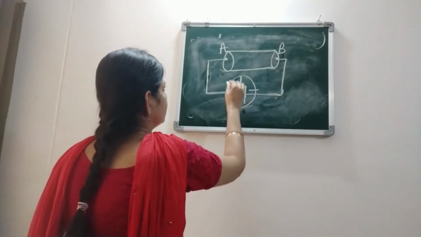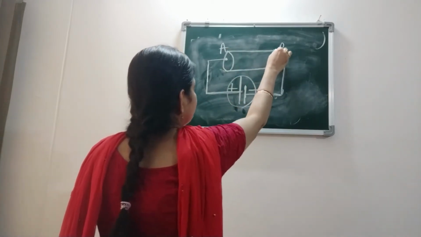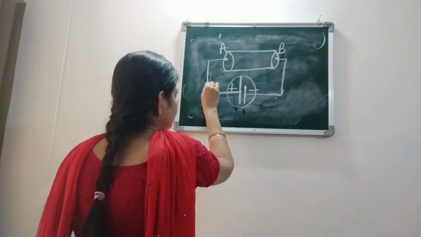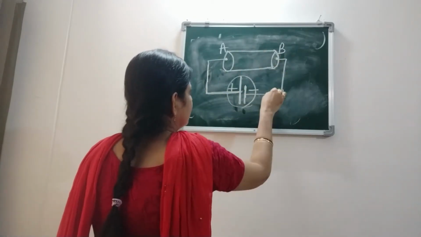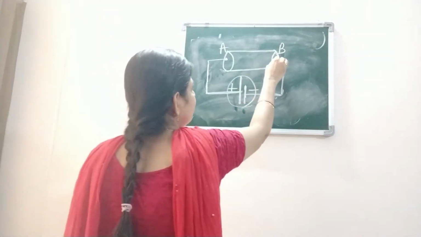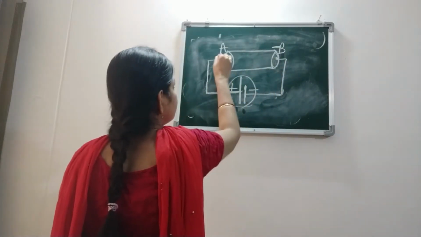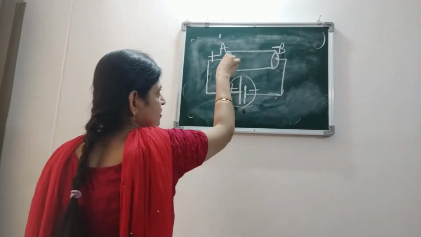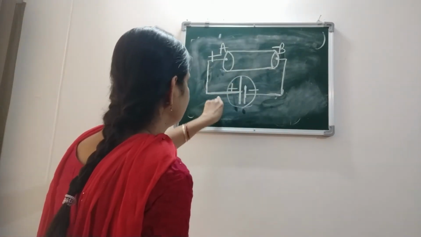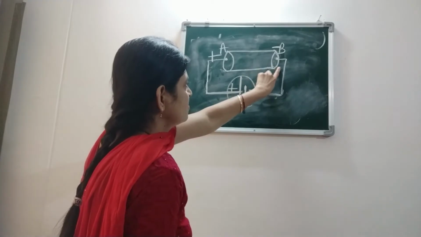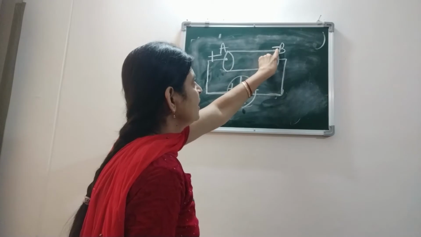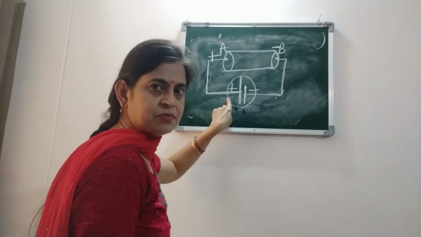So, suppose this is a conductor. When the cell is connected to the circuit, then the free electrons will move from the negative terminal to the positive terminal. Observe the diagram. When the cell is connected, then the free electrons will move from B to A, means from negative terminal to positive terminal.